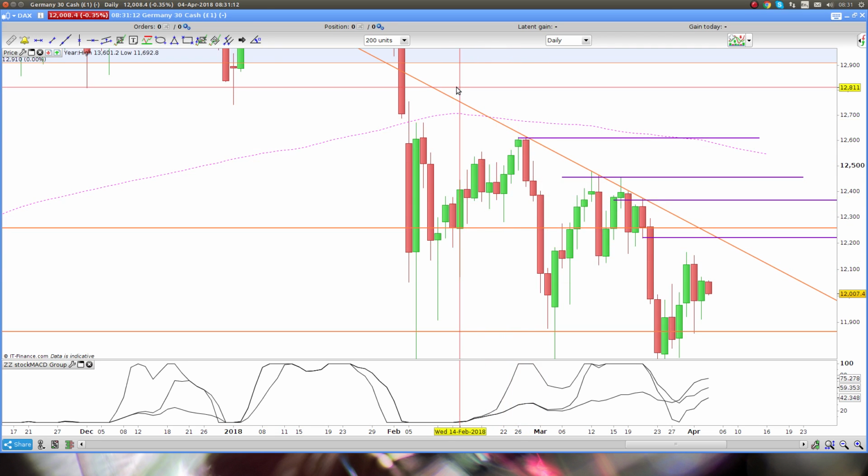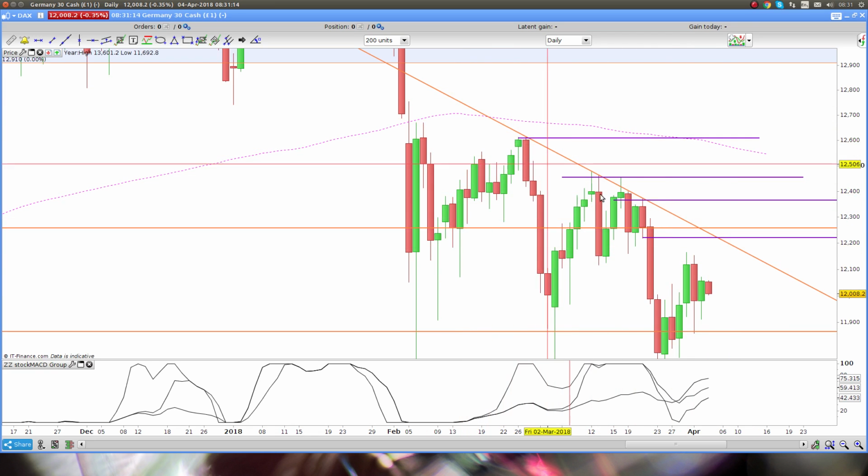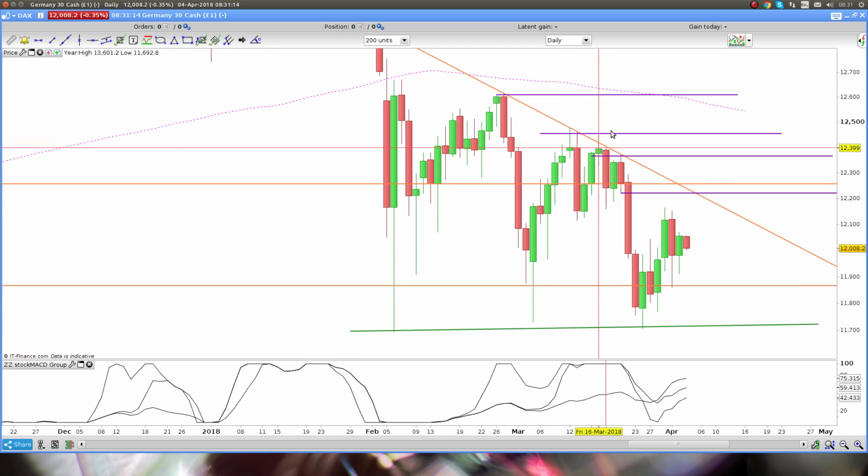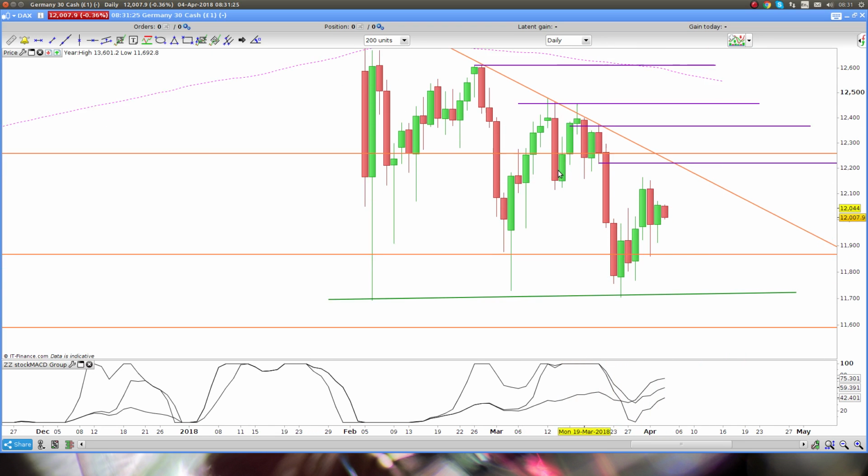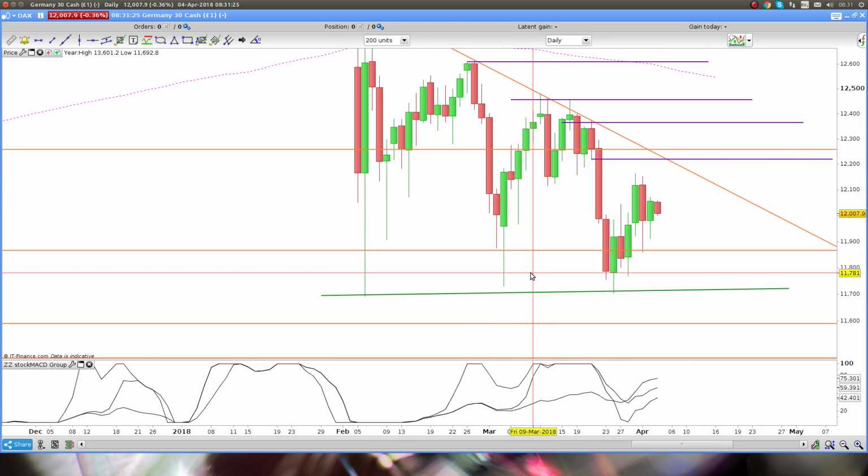So for me, this on the DAX is currently a bear trend, but I believe that markets are designed to go up. People don't want to lose money. So shorts are always scalps, and your long entries are the ones that you can let run for a bit, provided you have the right entry.